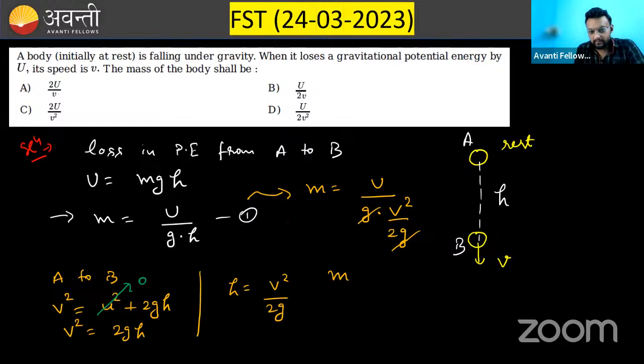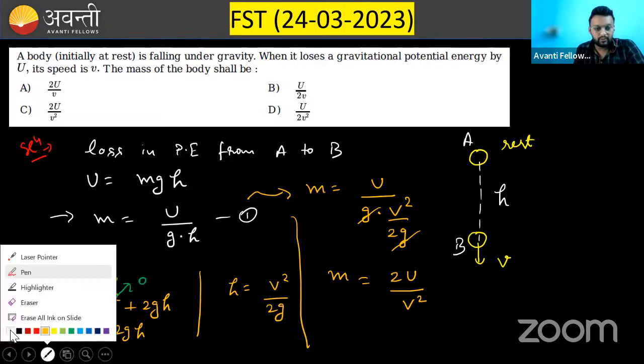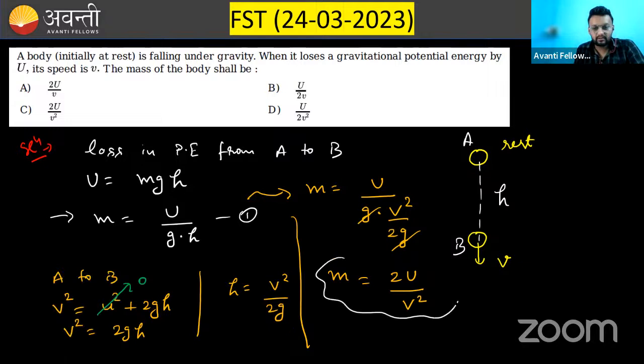So m will become 2U by v square. Which option is this? 2U by v square. Again, this is option C.